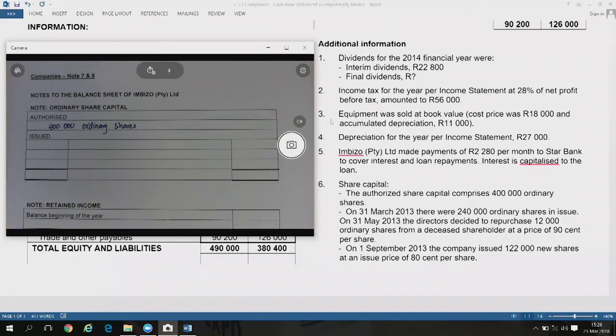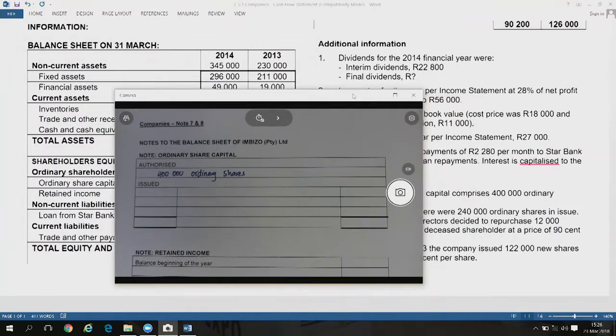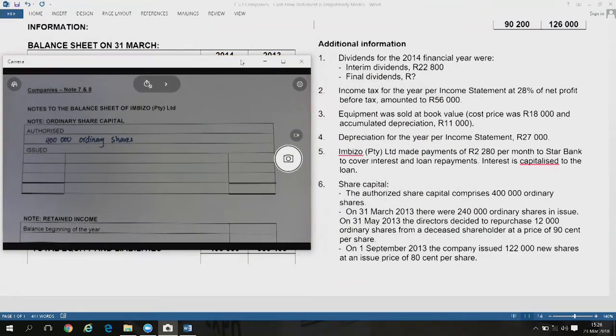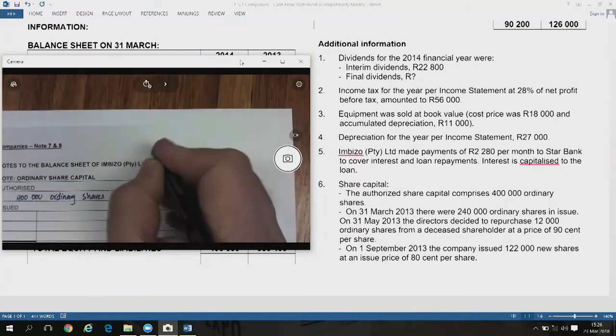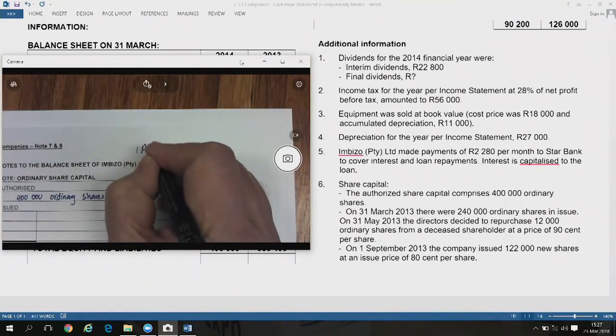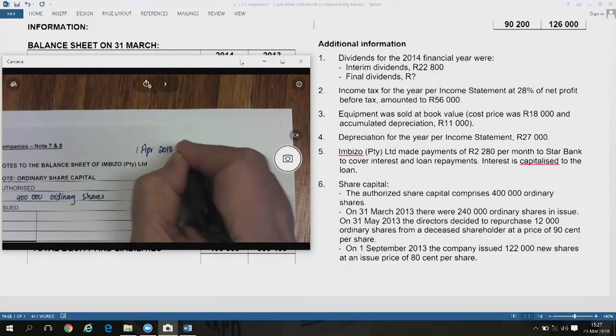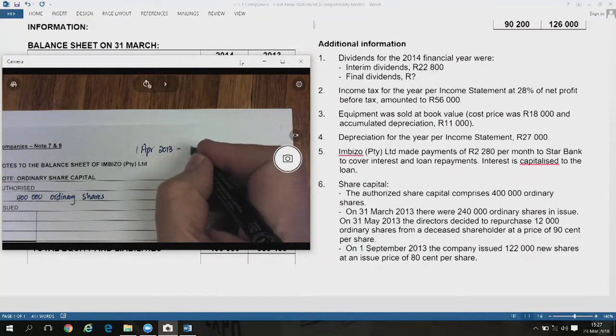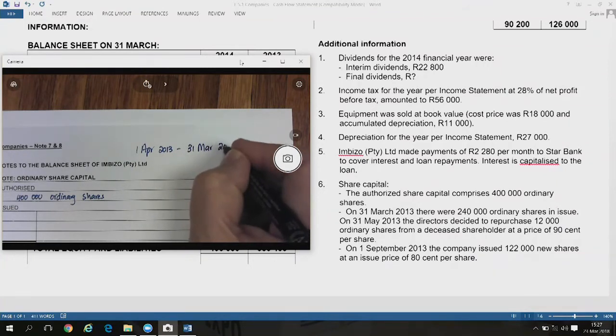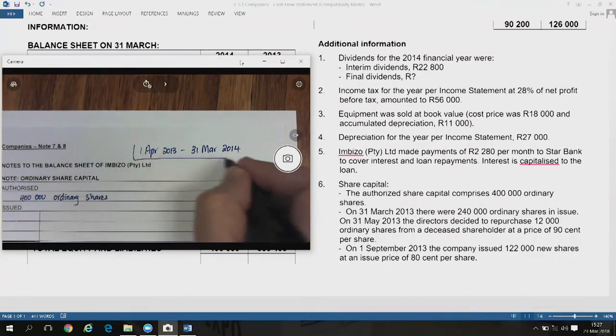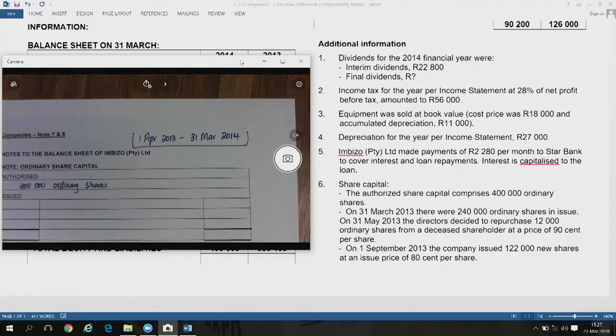Then, okay, our accounting year is, I think they mentioned it at the beginning, the 31st of March is the end of the year. So that gives us the 1st of April 2013 until the 31st of March 2014. There is our accounting period.